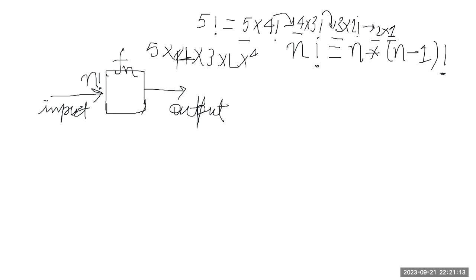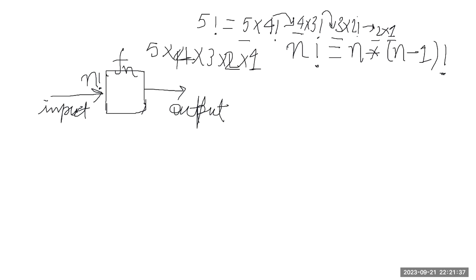So you guys are clear till here? Yes. So this is the same thing. If I am asking my function to calculate n factorial, what my function is saying is, I will give you n factorial, but first give me n minus 1 factorial.